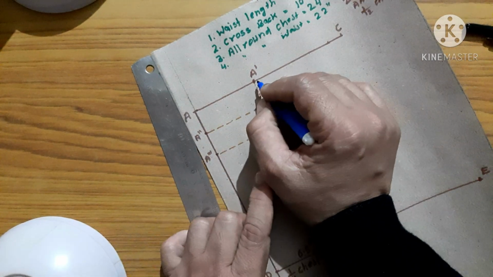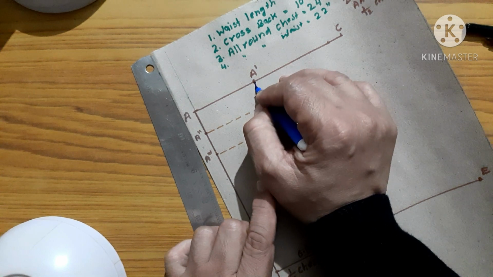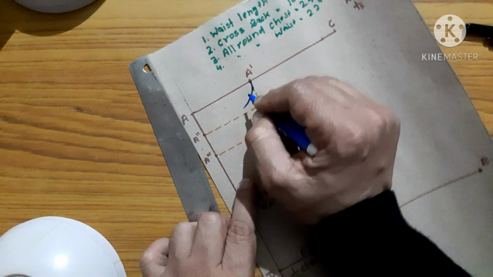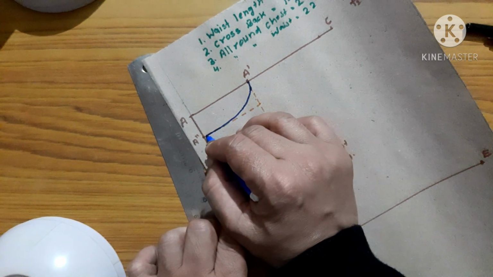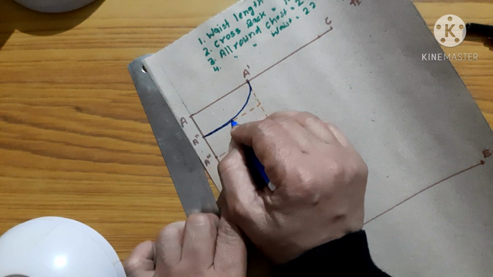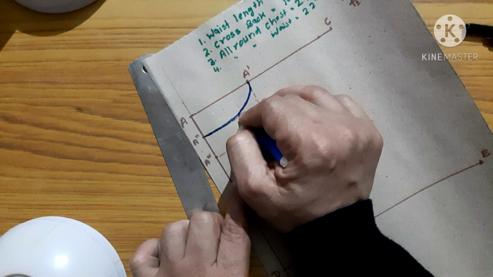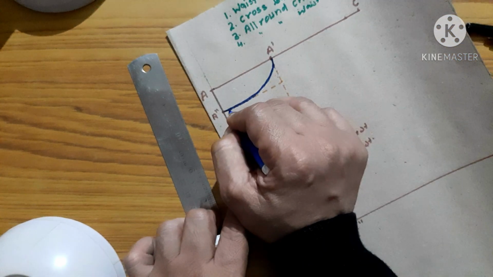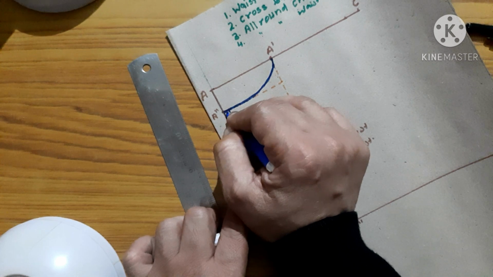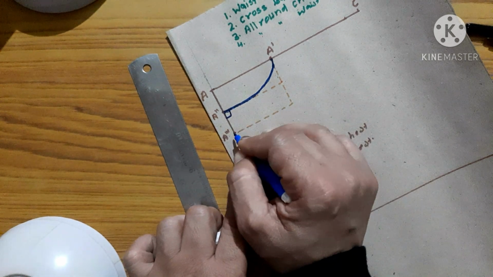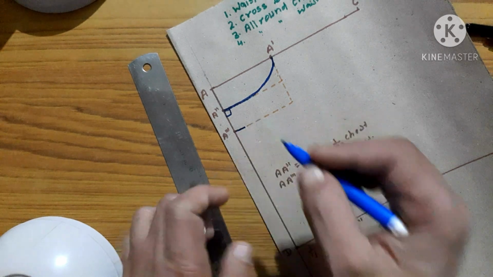What we have to do, either we can do it with the help of French curve or with the help of our own experience. But always keep in your mind, don't forget this thing, it should be square out at this portion. It should not be like this or like that. No, it should be straight at this portion.